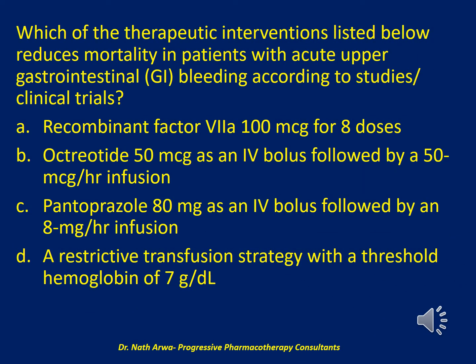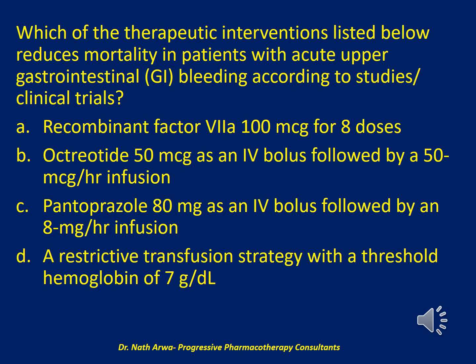And the next question reads, which of the therapeutic interventions listed below reduces mortality in patients with acute upper gastrointestinal (GI) bleeding according to studies, clinical trials? Is it A. recombinant factor 7A 100 micrograms for 8 doses? Or B. octreotide 50 micrograms as an IV bolus followed by a 50 micrograms per hour infusion?